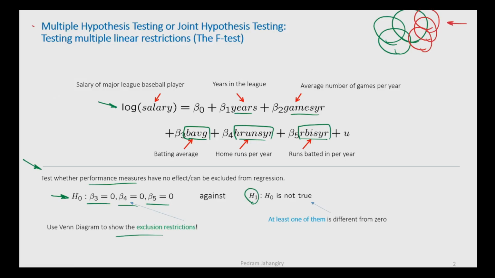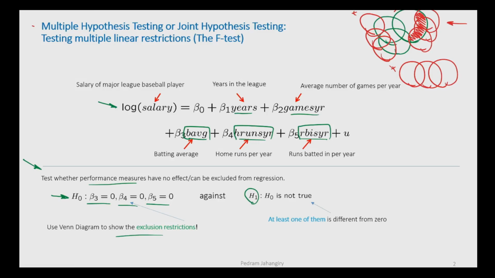Or look at the null hypothesis. We say, are they irrelevant or not? Or they're here. Or here. Right? So this is the question. We are wondering if these three collectively have something to do with log salary in this example, right? Is it this one? Is it this one? Or is it this one? Okay, so this is a very interesting question, right? And how do we try to answer this question?